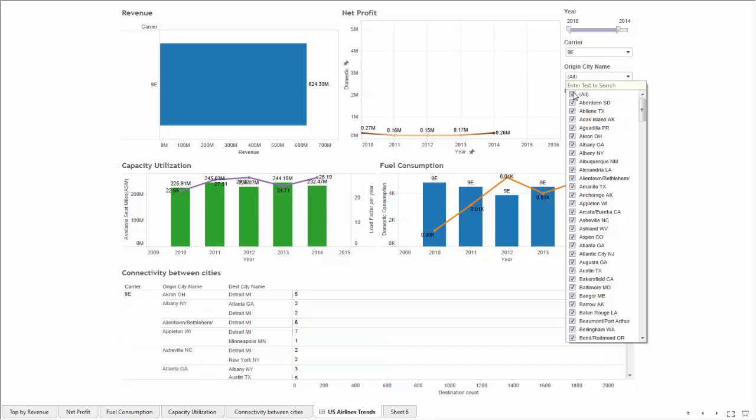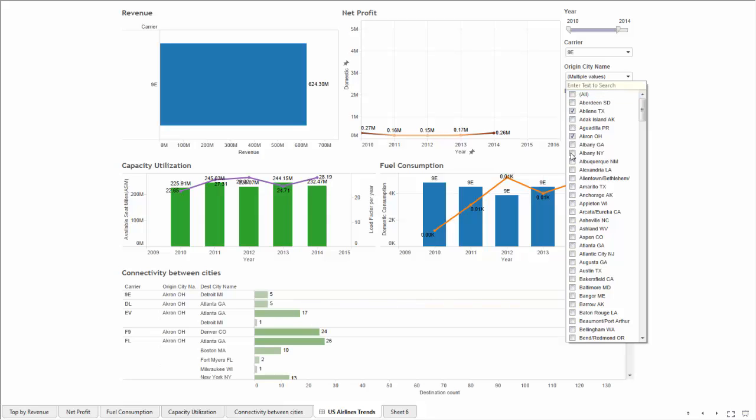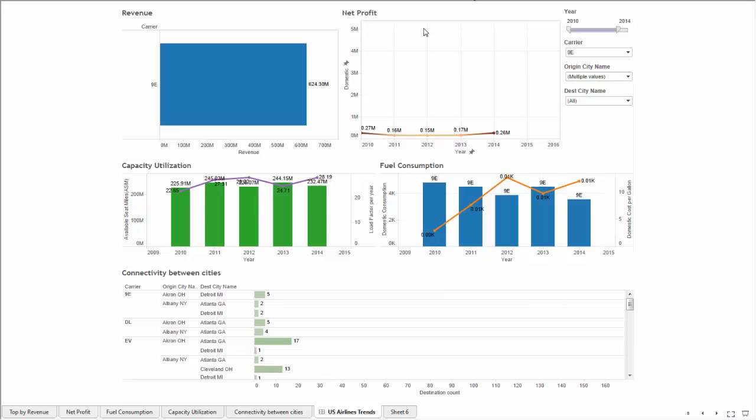We do have a global filter here, which affects all the dashboards. Carrier applies to all the dashboards, whereas the connectivity between different cities will be only for the origin and destination. So for this carrier, from this origin to destination, we have selected only a few destinations and origin cities here.